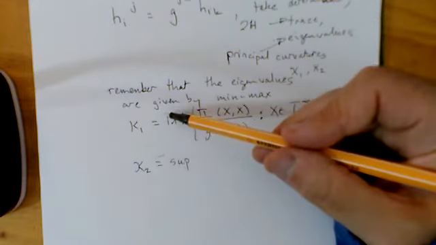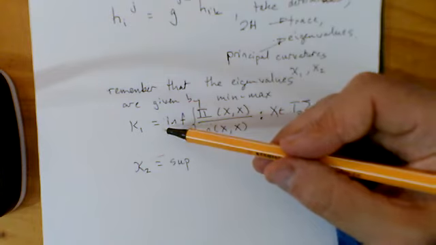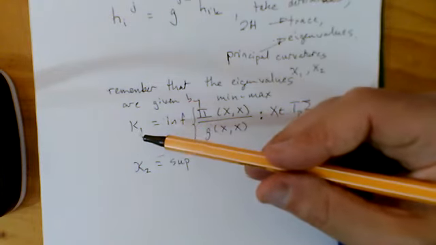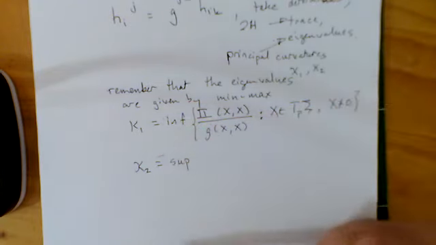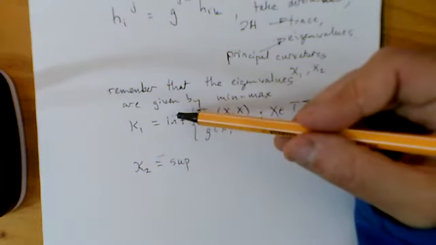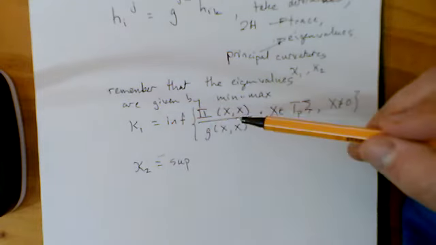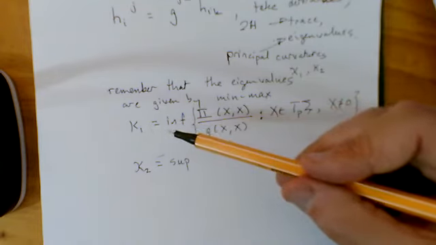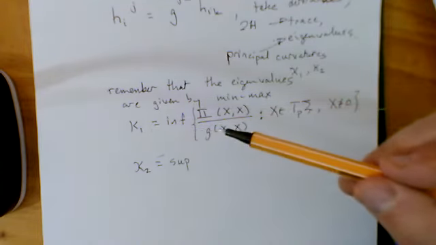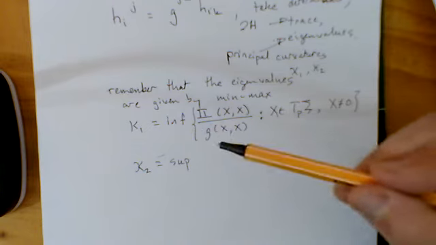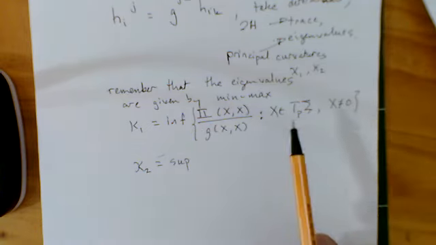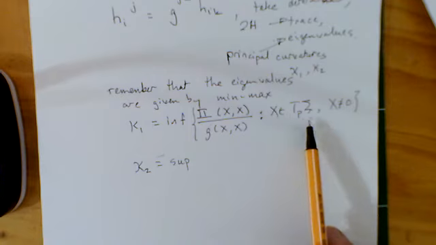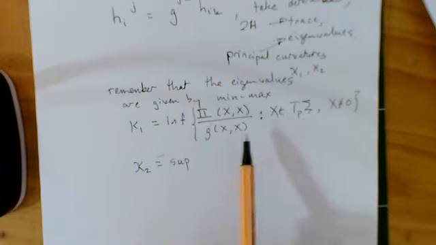If I had a higher dimensional submanifold, then I would have a kappa 1, a kappa 2, a kappa 3, etc. The kappa 1 would be given by this infimum, and then the kappa 2 would be given by taking an infimum over two-dimensional planes within the tangent space, and then you take a supremum over that plane.